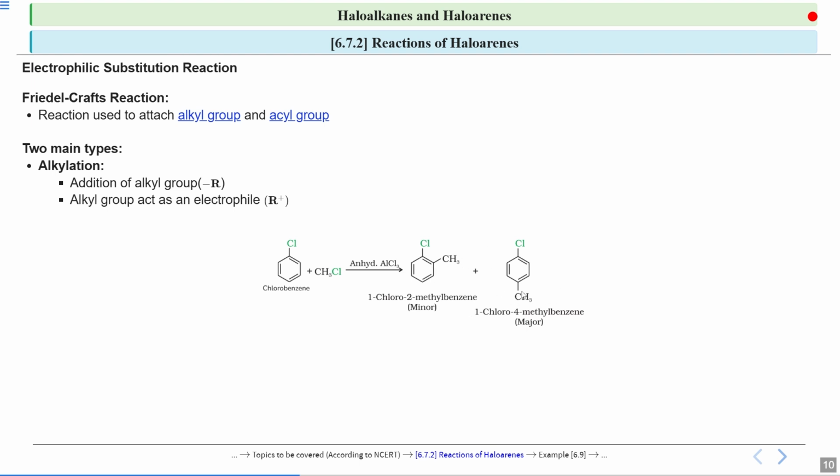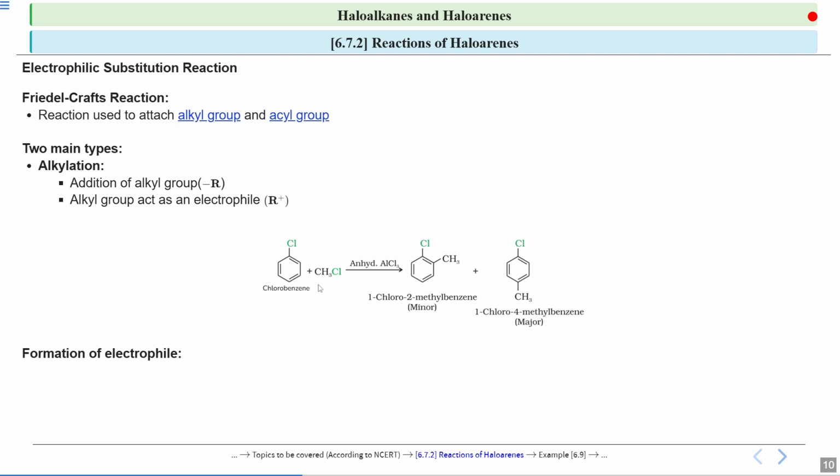The major one has the alkyl group at the para position. As we said, alkyl group addition is happening in the alkylation process, where the alkyl group is adding on the benzene ring, and the electrophile is also the alkyl group, that is R positive.